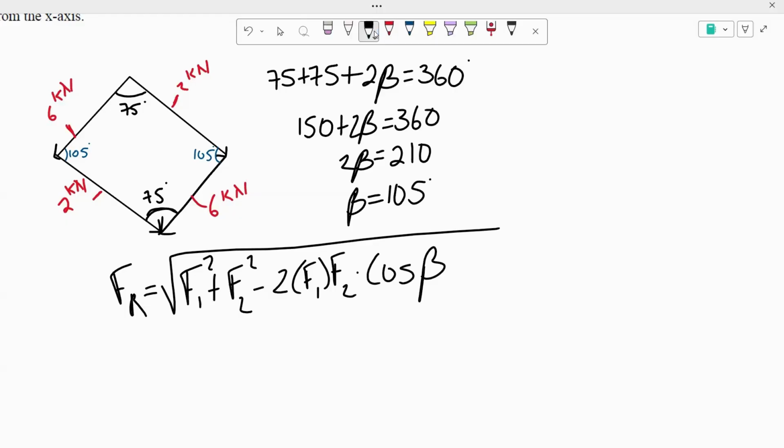So F_R is our resultant force. F_1 and F_2 are the two forces already given to us, and we already found beta.